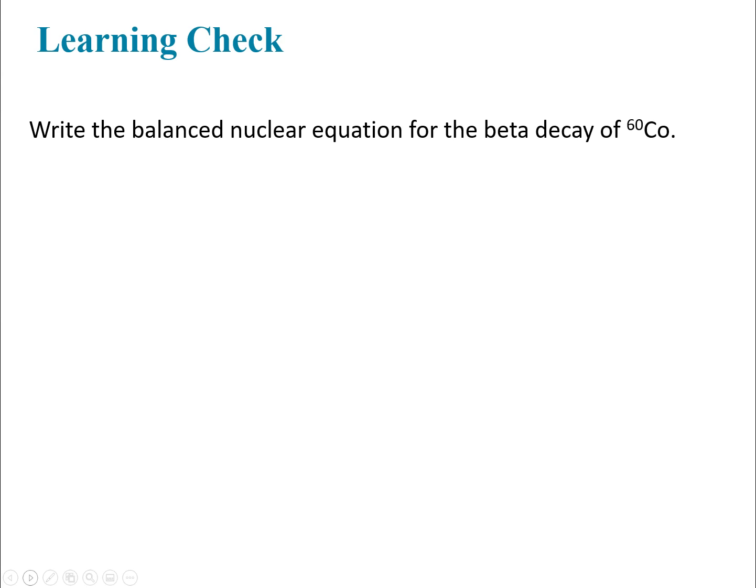The first thing you're going to want to do is write an equation that depicts what's going on here. We have cobalt, and it's going to decay. We know it's going to make some new element that we don't know, and it's going to emit a beta particle.